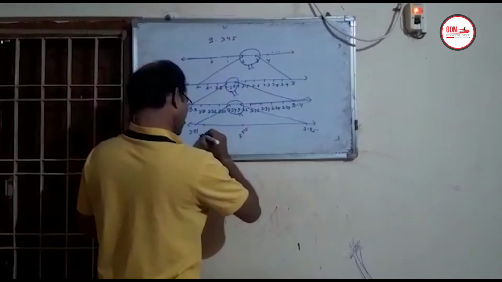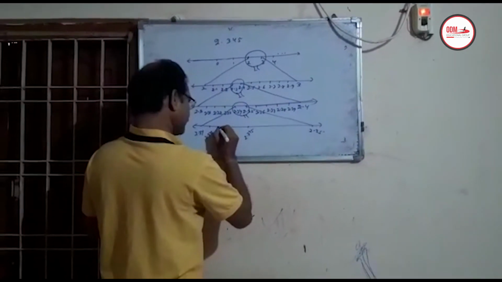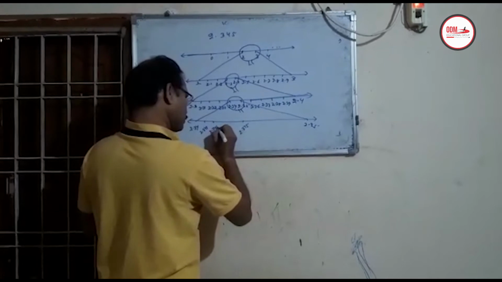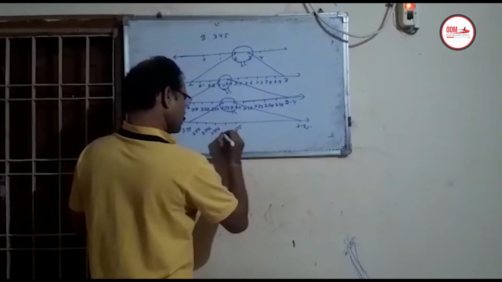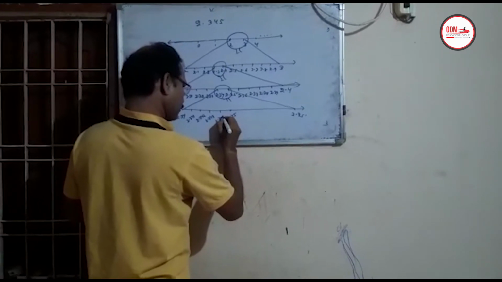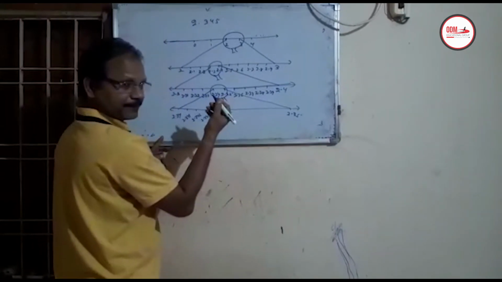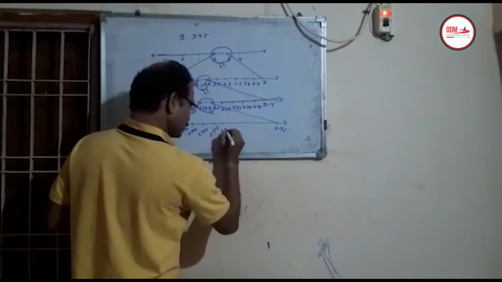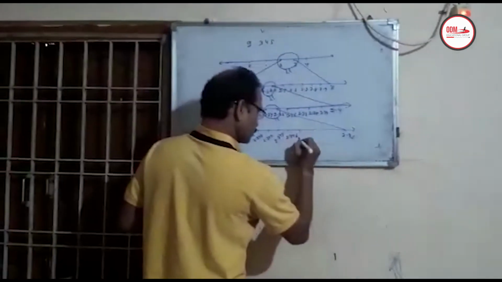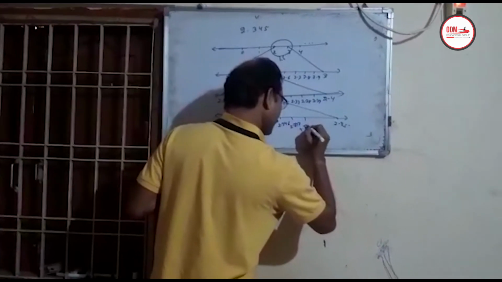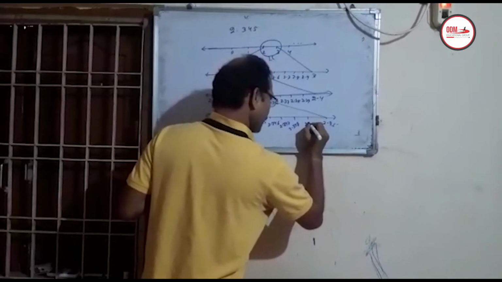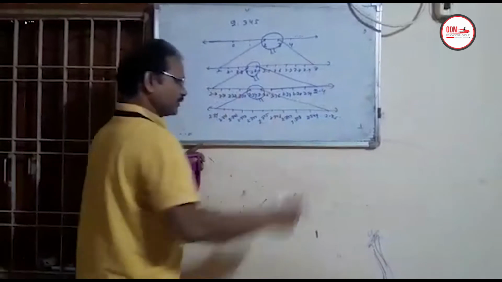This point is 2.341, 2.342, 2.343, 2.344, then 2.345, then 2.346, 2.347, 2.348, then 2.349, then 2.35.